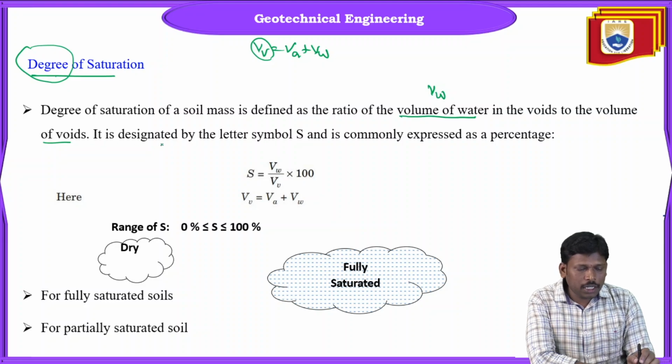It is designated by the symbol S, and it is commonly expressed in terms of percentages. It is defined as the ratio of volume of water to the volume of voids.